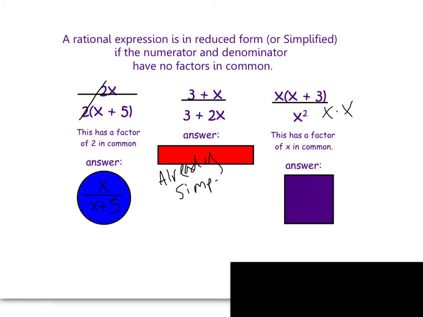Thinking of it like that, there's multiplication in the middle, which means that I can cancel. So I'm going to get rid of that x, get rid of that x. So that leaves me with x plus 3 over just an x left over, because if we remember, we rewrote this x squared as x times x. Alright, moving on.